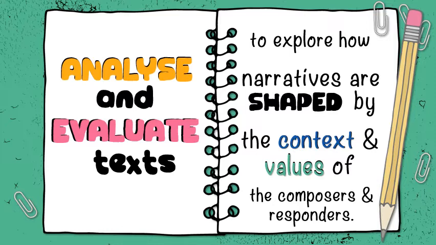And when you read or respond to a narrative, you are going to read and respond to that narrative in a particular way based on your context and your own values. So one of the things that you're going to learn to do is to hone that skill of analysing a text and being aware of its context and its values and how those two play a really crucial role in the way that the composer creates the text and how the responder responds to the text.